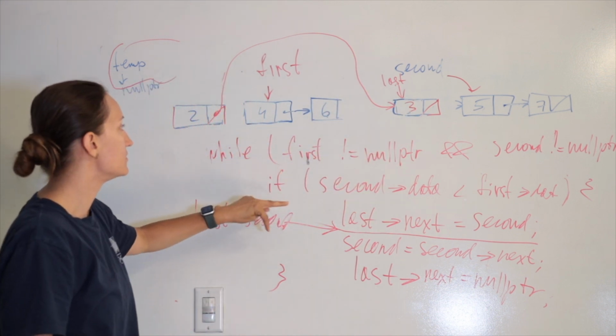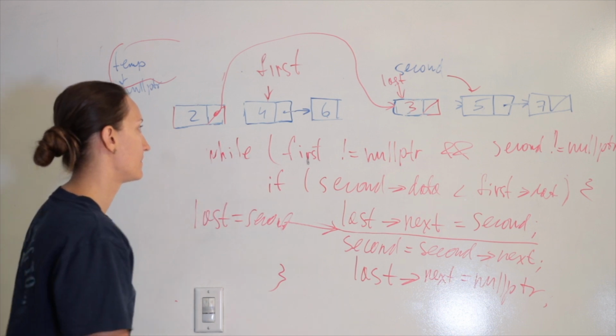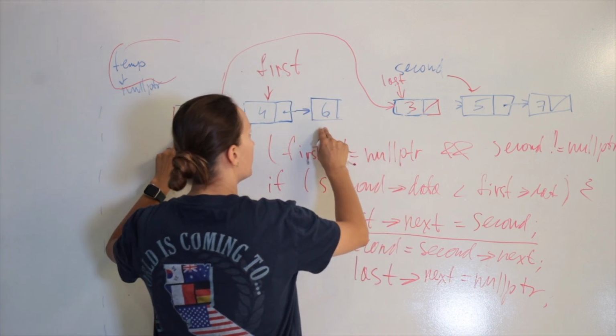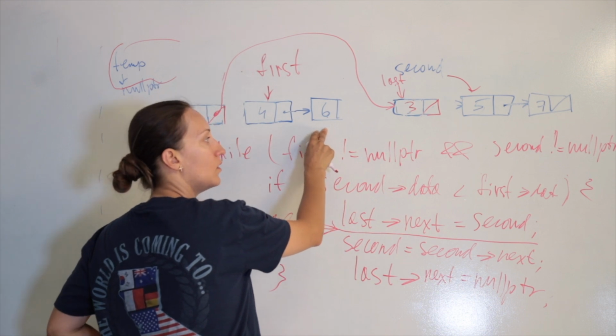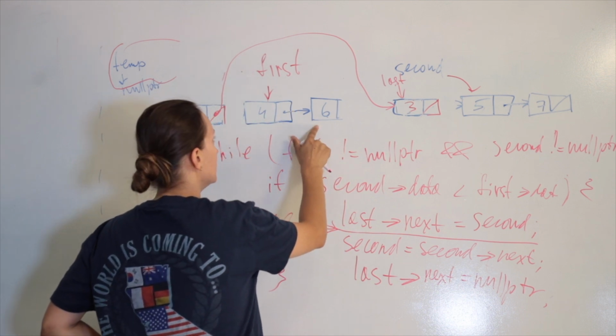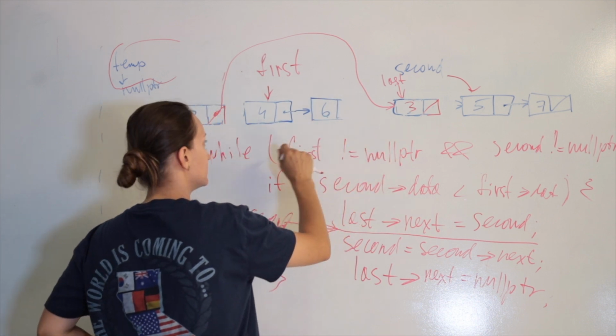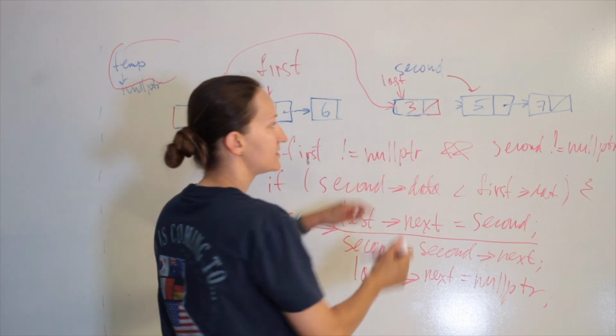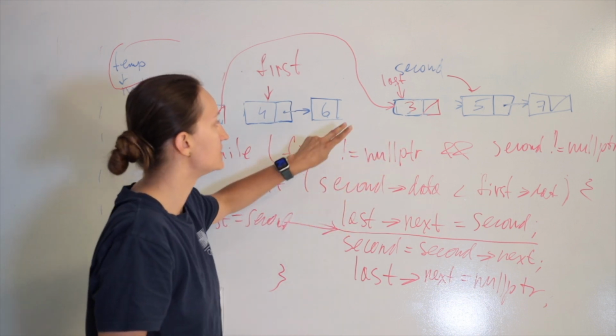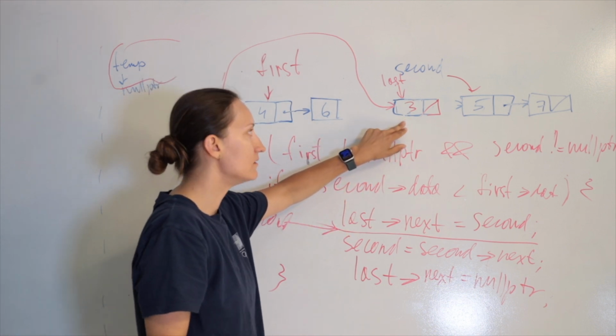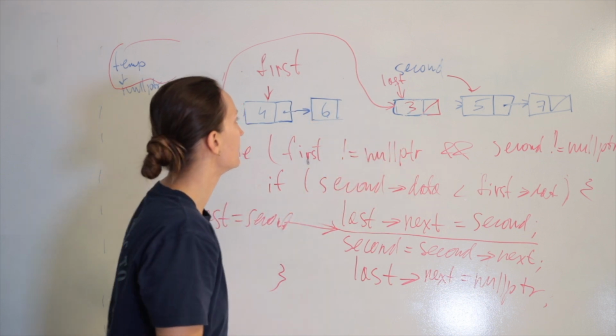And we continue doing that until one of our lists hits the end of the list. So let's continue. I will not write the code, but I will just say what we will do next.